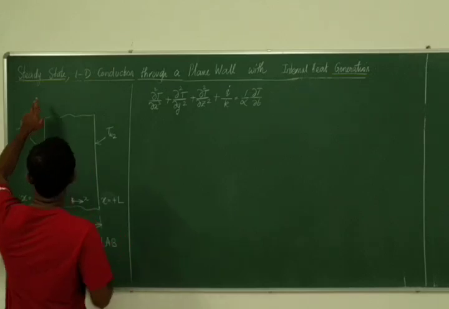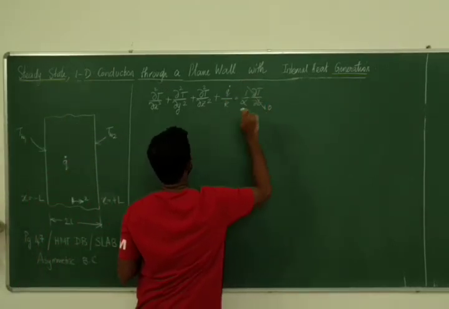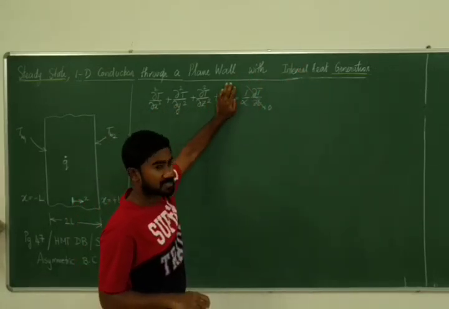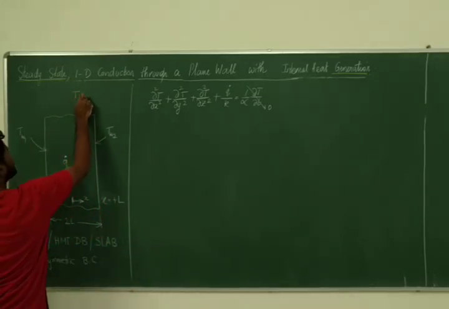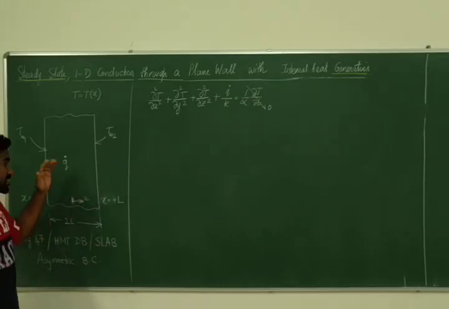Now assumptions. What is the first assumption? Steady state, so this term is going to be 0. Now with generation, you cannot throw away this term. You have to have the term. 1D: I'm going to assume temperature is only a function of x. As I move in x, the temperature changes. If I go in y or if I go in z, the temperature is not going to change.